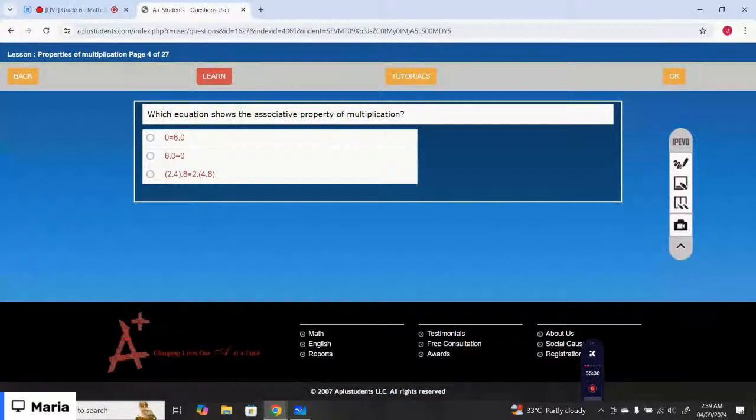That is option number 3. That is the associative property of multiplication. You have three numbers involved on both sides. The numbers are the same, just the order of multiplication is different, but the product on both sides is exactly the same.